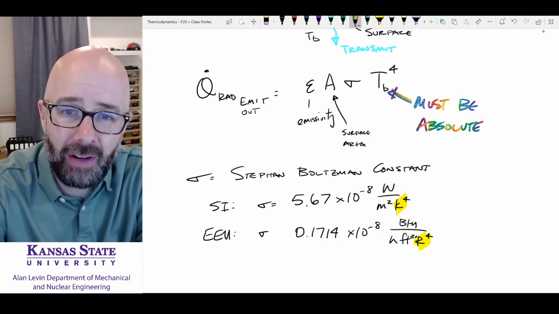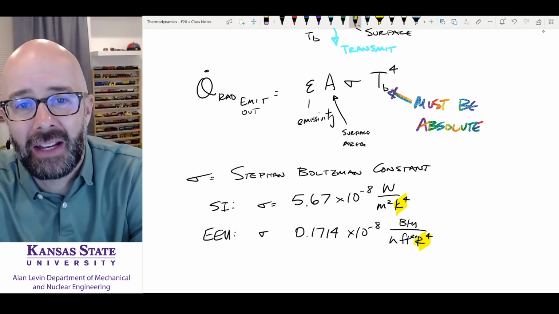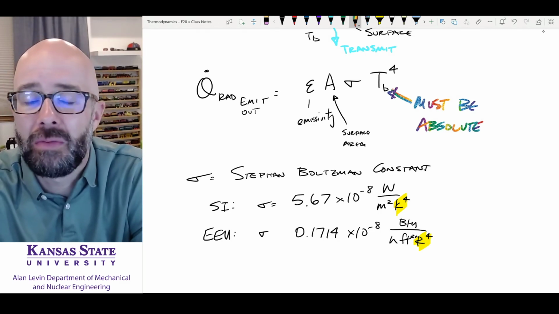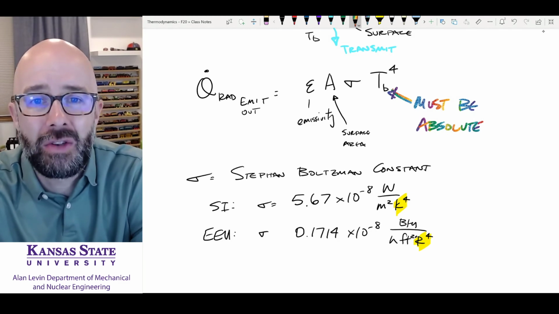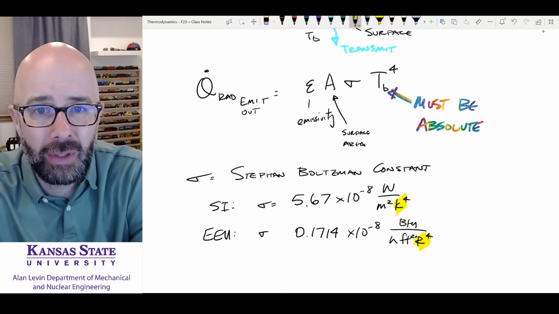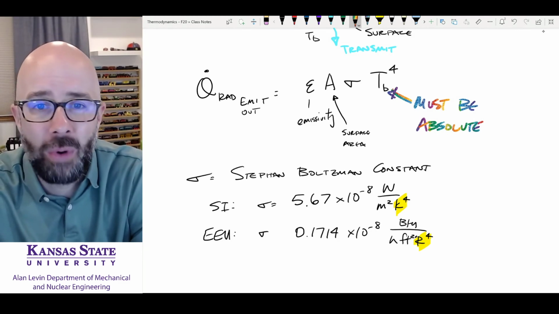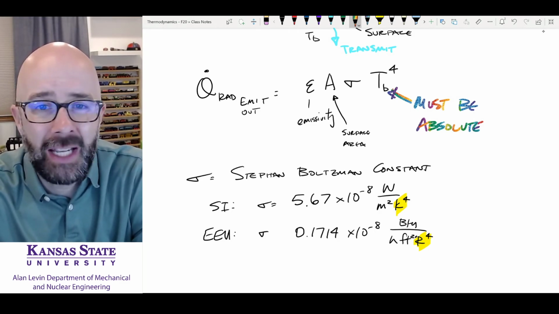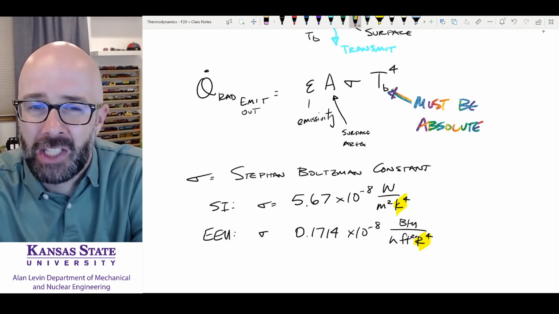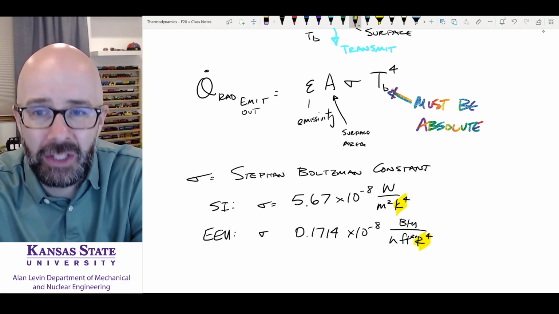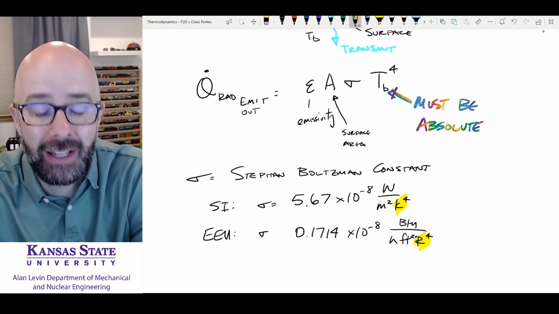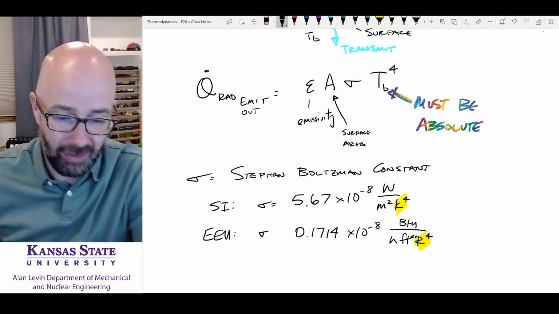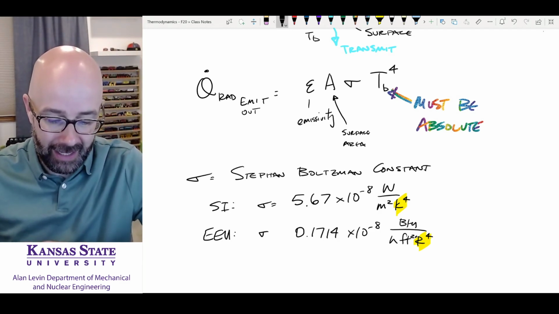A temperature in Fahrenheit to the 4th is different than a temperature in Rankine to the 4th. So you must have them in absolute here. That's a very important difference. In conduction and convection, because you just have a delta T, it doesn't matter. Here it matters very, very much. So take care of that.